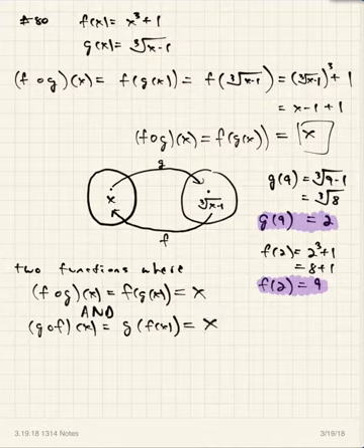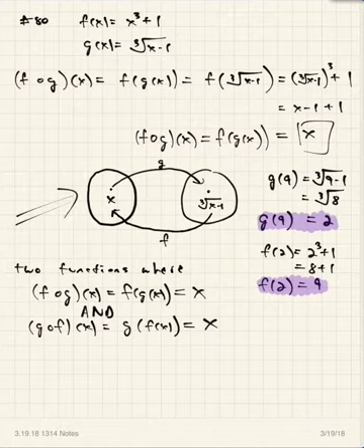Now, we didn't show that on the functions at the top of the screen here, but it ends up that this will be true, that in both directions you get x as the answer. Two functions where when you compose them, either direction you compose them, you get x as an answer, then that means that this picture right here is describing what's going on in the problem. And we say that f and g are inverses of each other.